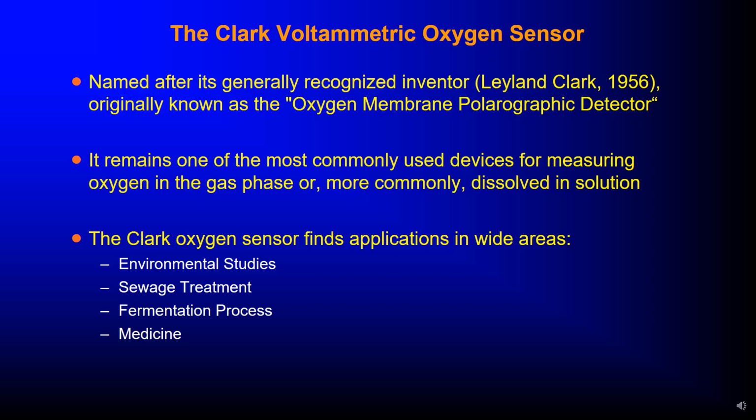It remains one of the most commonly used devices for measuring oxygen in the gas phase, or more commonly dissolved in solution. The Clark oxygen sensor finds application in wide areas like environmental studies, sewage treatment, fermentation processes, and medicine.